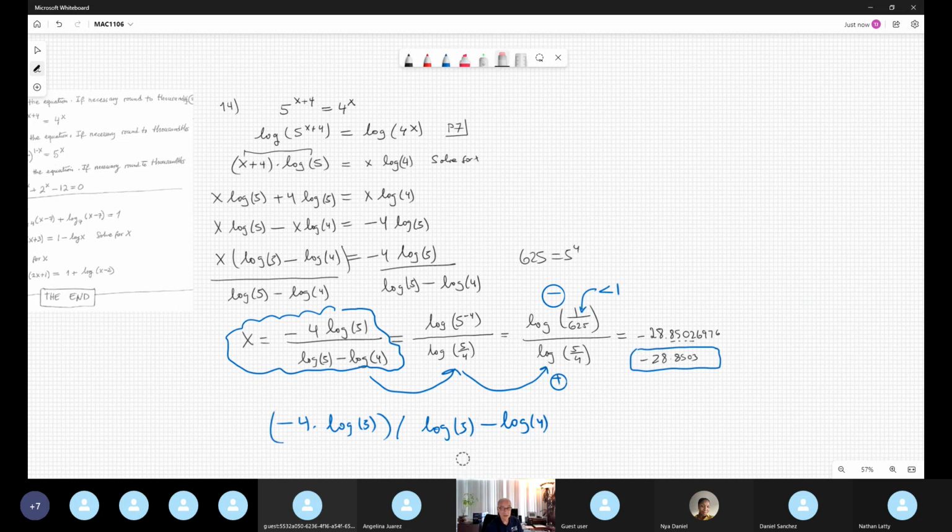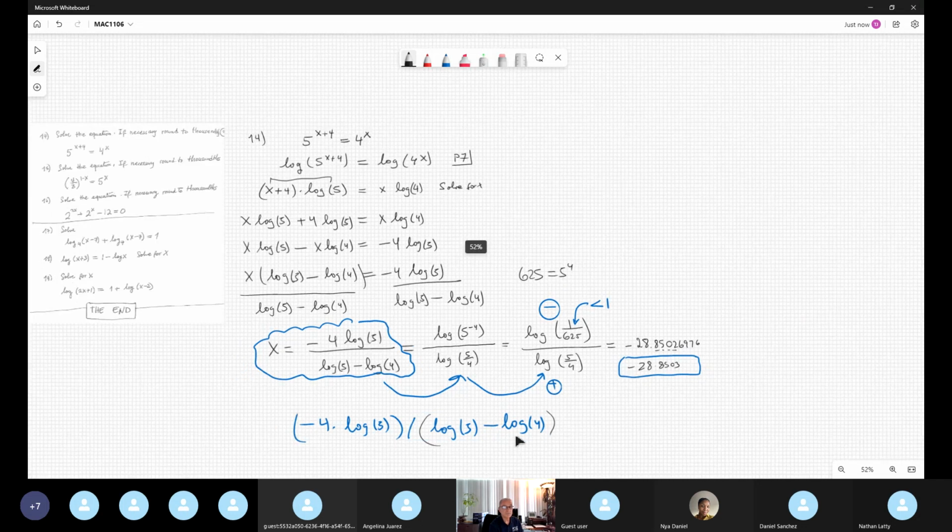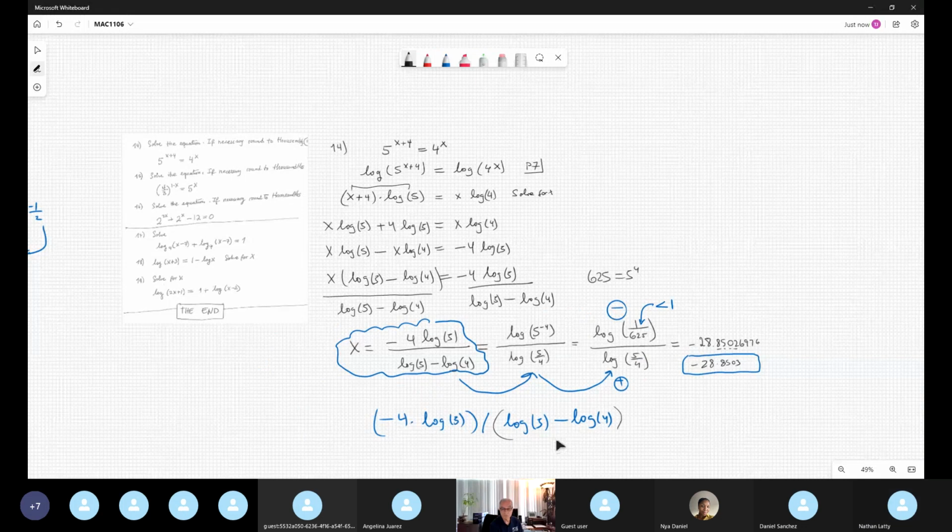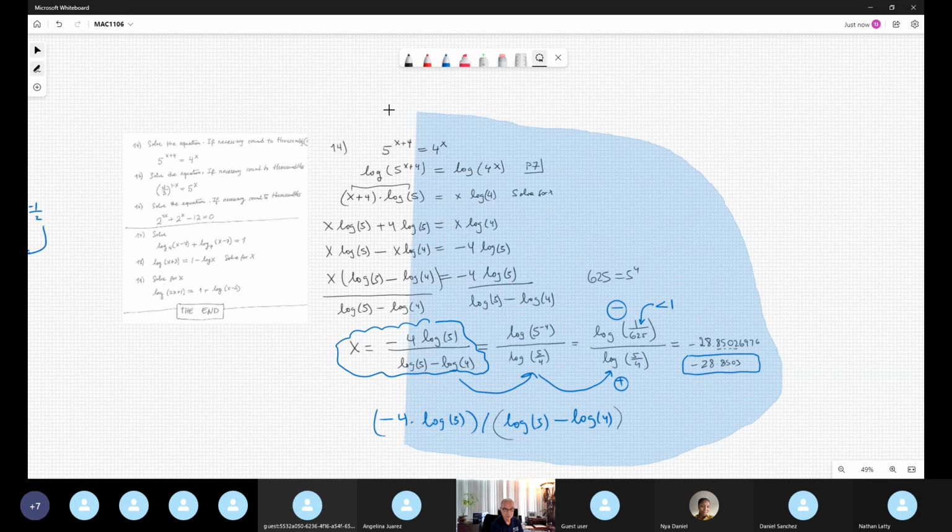I need to compute this part and this part separately, and finally divide. Is the idea clear? Very important. To avoid that situation, I highly recommend condensing the logarithm into only one, but it's okay either way.